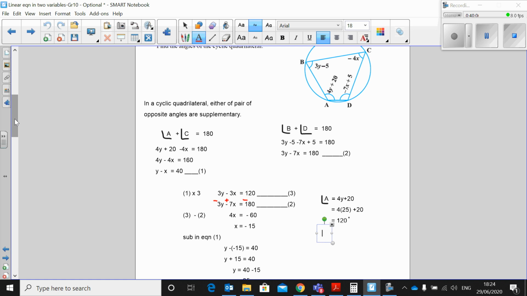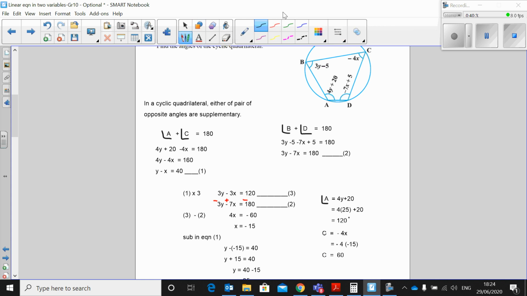Let us check whether angle C is coming 60 or not, which is nothing but minus 4x, which is equal to minus of 4 times x, where x is minus 15. Yes, minus of minus is plus, 4 15s are 60. So angle C is equal to 60. Got it? So our calculations are absolutely correct.